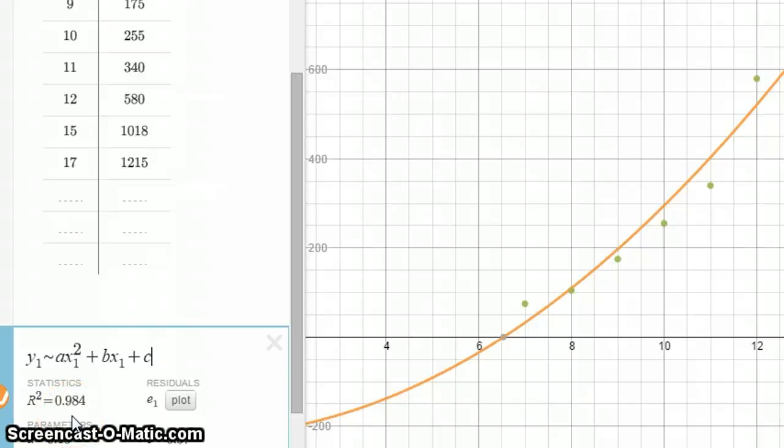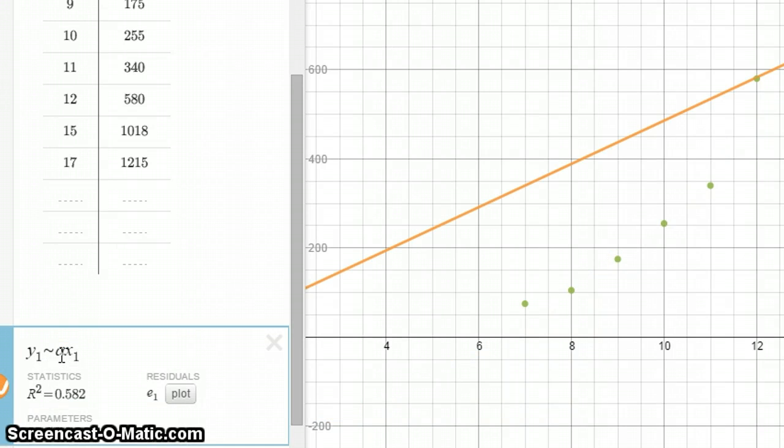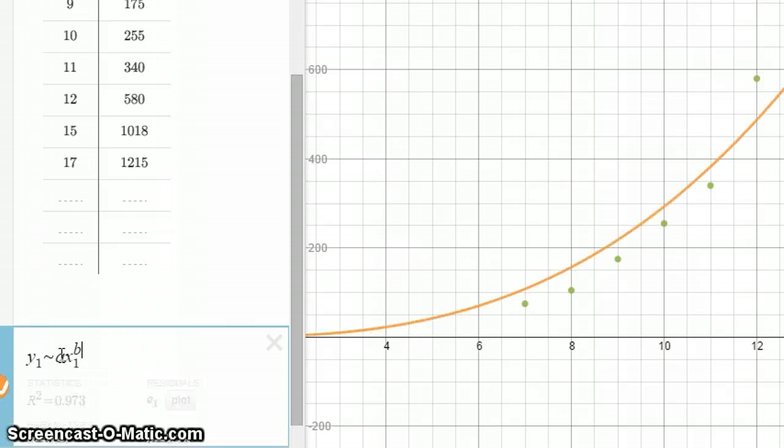All right, 0 would be no correlation. -1 would be a strong negative correlation. Okay, if you go to that power model, you see the correlation is still strong, but not quite as good as the quadratic model does. So that's some evidence to say that the quadratic model is a good fit to the data.